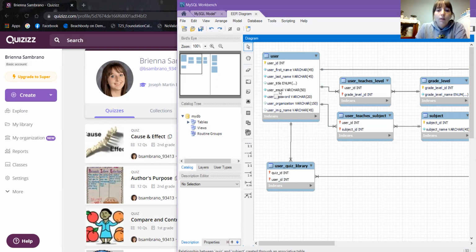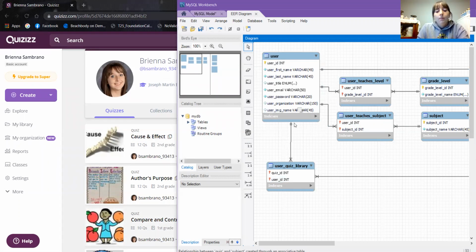I also added a spot for the email and the password that are not null, so they need to be in there, as well as a spot for the user organization. I gave it a few more characters because that will likely be longer, since the organization includes the location of the organization. I also added a spot for your profile picture, which does not have to be there, so I left that able to be null.